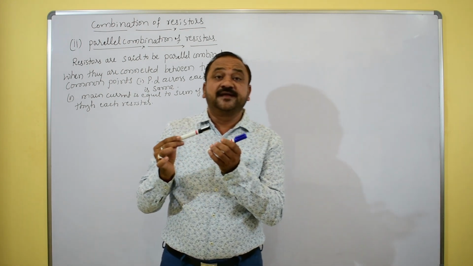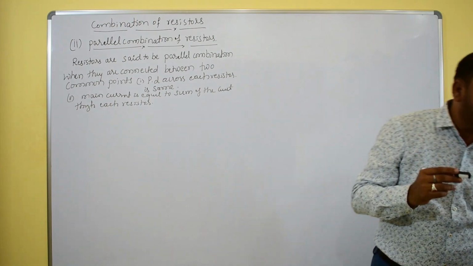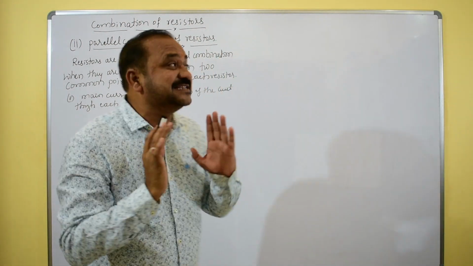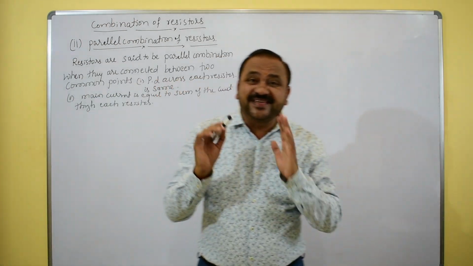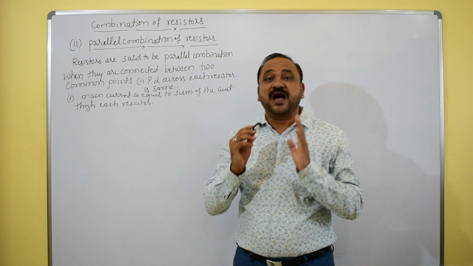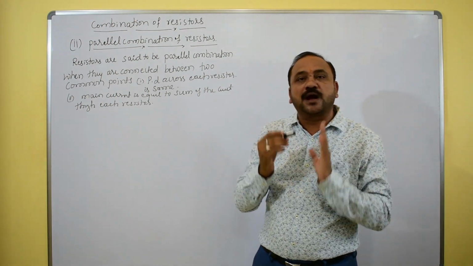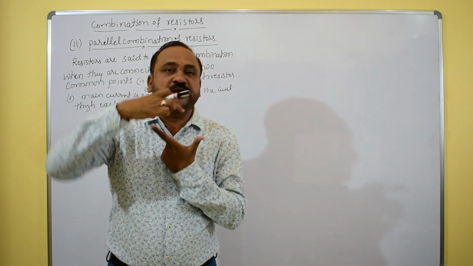Let me explain the combination of resistors, series as well as parallel. Parallel combination is nothing but what I said now. When these resistors are connected across each other, between two common points, both the resistors are connected parallel to each other.